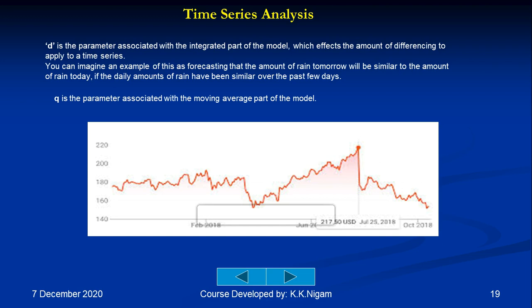You can imagine an example of this as forecasting that the amount of rain tomorrow will be similar to the amount of rain today, if the daily amounts of rain have been similar over the past few days. q is the parameter associated with the moving average part of the model.